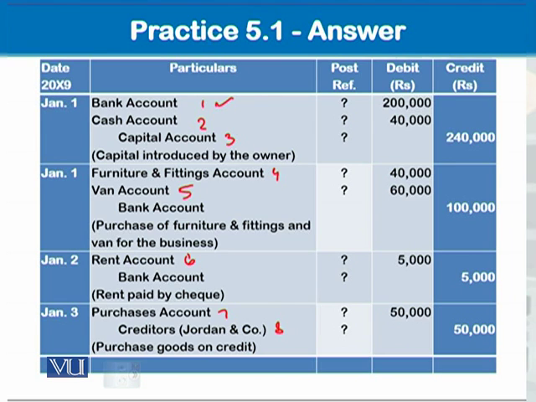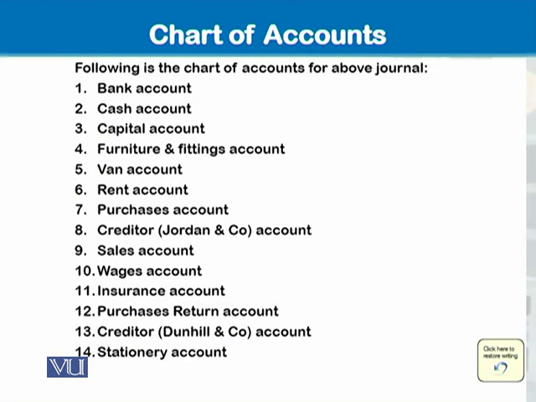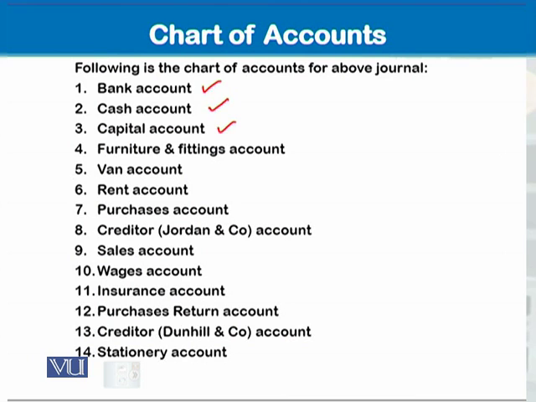So just see that we did not double count or triple count this bank account while developing the chart of accounts. Let's jump to the chart of accounts at once and see, are these appearing there? Yes: bank account, cash account, capital account, furniture account, van account, rent account, purchases account, and creditor Jordan account.